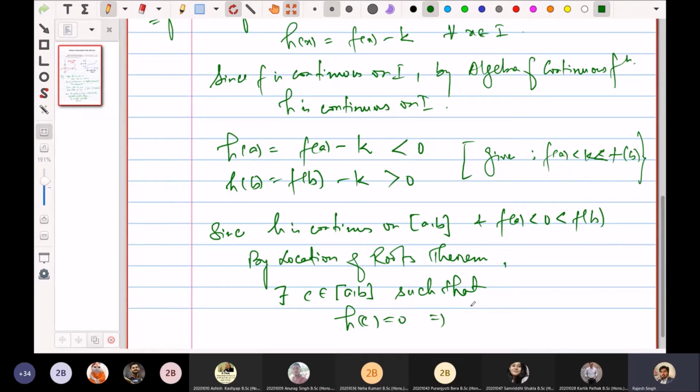So this implies f of c minus k is equal to 0. This implies f of c is equal to k, which is the desired value.